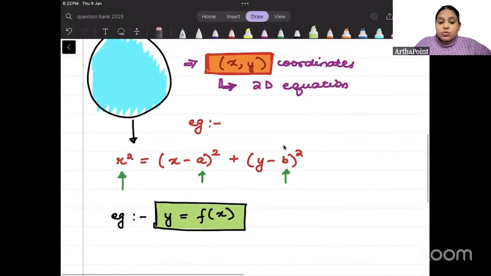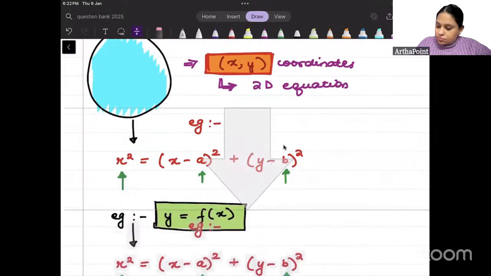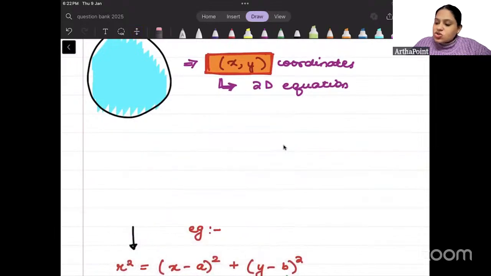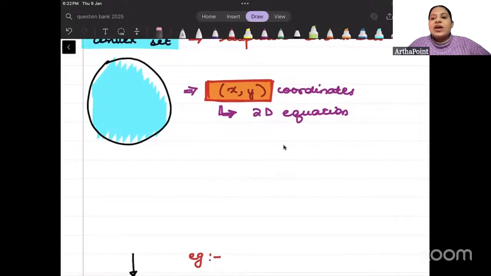But when we talk about these 2D diagrams, what we say is, you take any 2 points, you join them by a line segment.